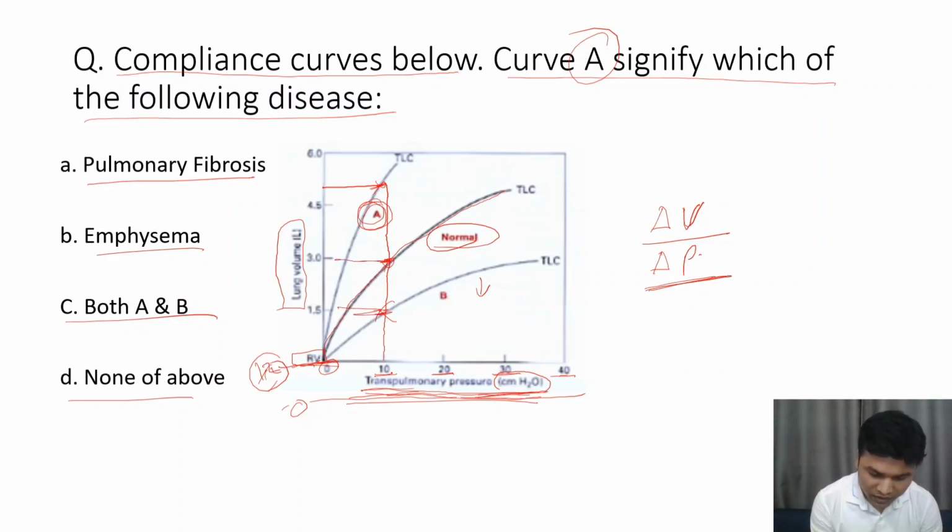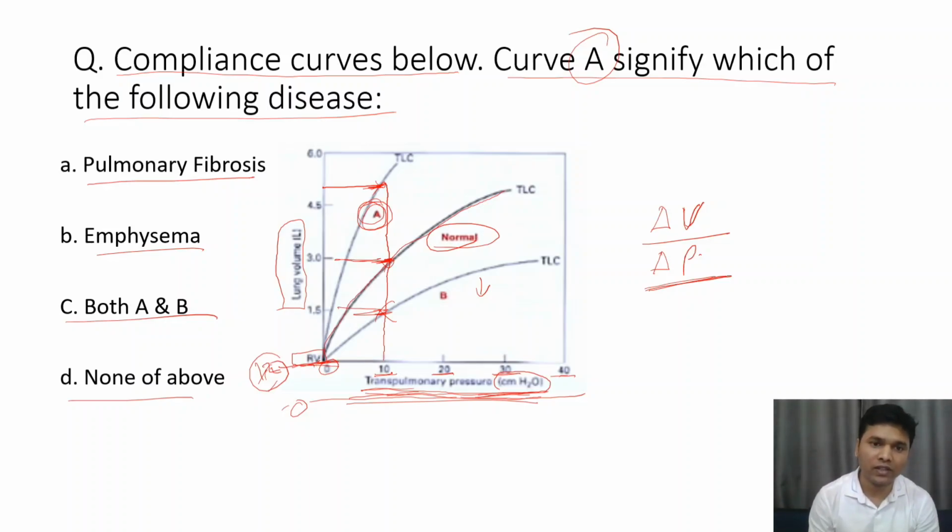Here, normal, it's around 3 liter: 10 centimeters of water changes the volume by 3 liter. In this condition, it changes the volume so much, 4.5 or 5 liter or more. It means this lung is very easily inflatable, and that is more compliant.